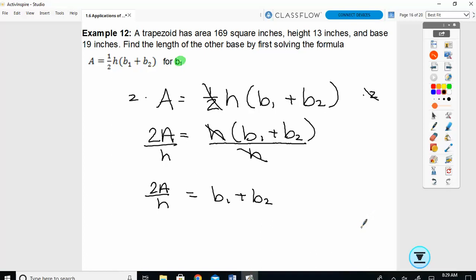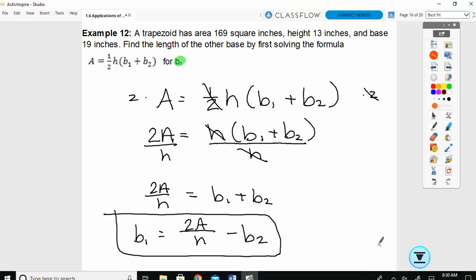And then to get b sub 1 by itself, subtract b sub 2. So I get b sub 1 equals 2a divided by h minus b sub 2. All right, so I just manipulated my formula.